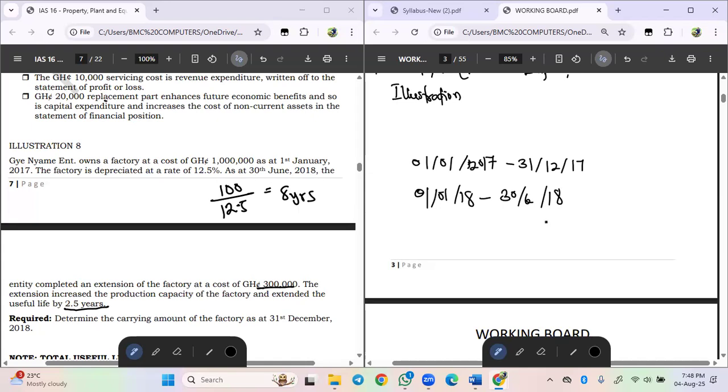And from 30th June, we also calculate depreciation, starting from 1st July 2018 to the end, that's 31st December 2018. All right, so let's start the actual workings.